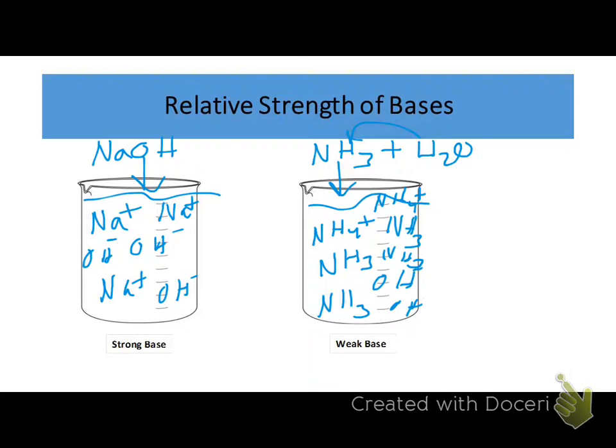However, a weak base is not going to be the best proton acceptor, and so in the case of ammonia here, it's only going to accept H pluses once in a while to form the conjugate acid and the conjugate base, but most of it is going to still stay as NH3, or the weak base, in aqueous solutions.